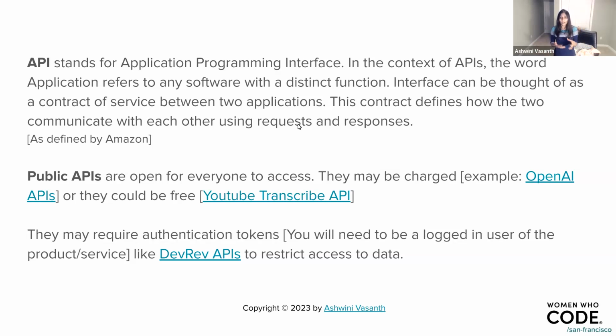And the reason you have a username and password is you want to protect whatever you're doing on that platform. You want to protect whatever you're storing on the platform potentially. And so tokens are an analogous mechanism to that. To be able to use this API or service, you might need a token. So an example of that is going to be DevRev APIs. We're going to quickly come to that as well.